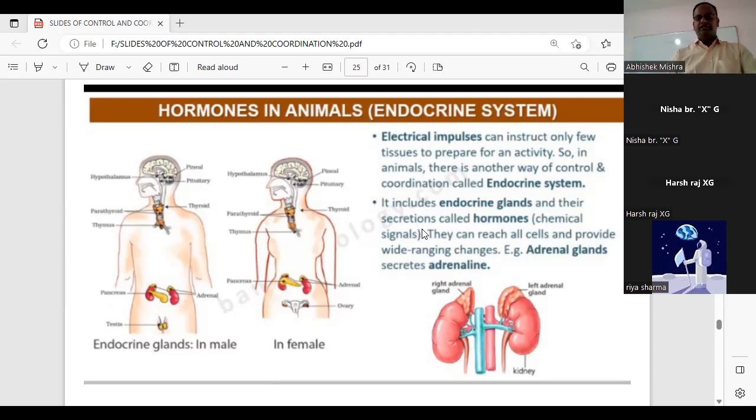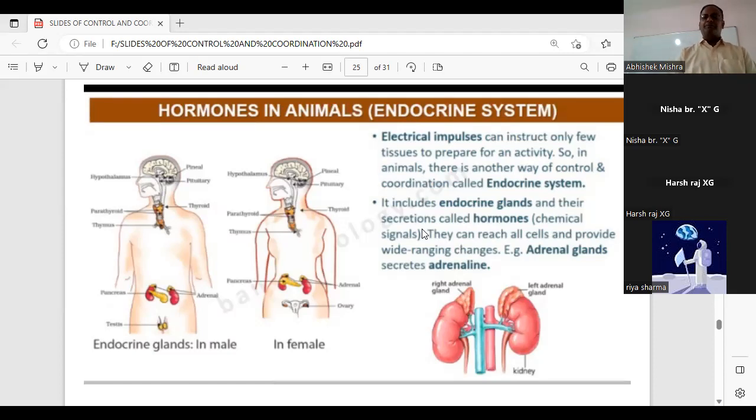Before going into this, you know, students, that there are specialized glands in our body called endocrine glands and exocrine glands. One very important thing regarding endocrine glands: these glands are ductless. That means they pour their secretion directly into the blood.